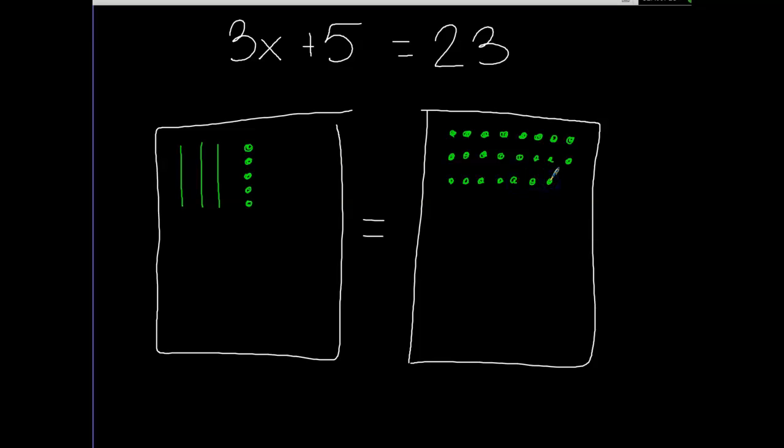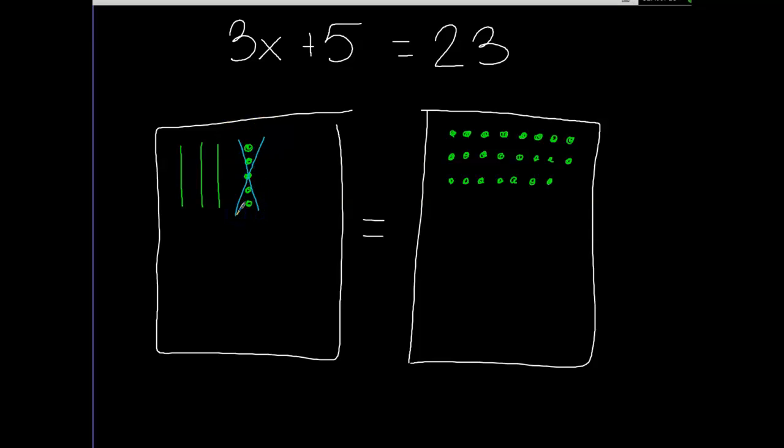Okay, so we always want to work on this side that is with our variable because we always want to get our variables by itself. So over here on the left-hand side, we have 5 positives with the x's. So in order to get rid of those 5 positives, we could either add 5 negatives, or I could just take away the 5 positives.